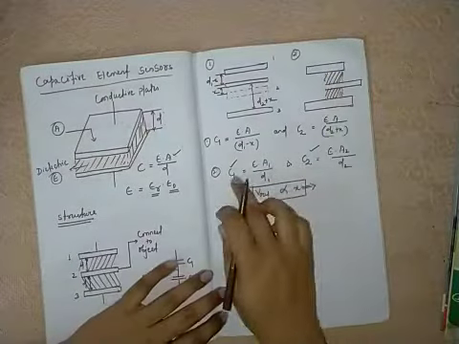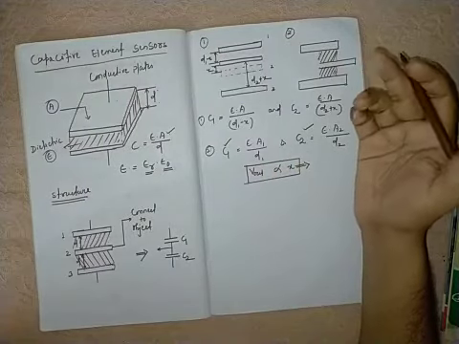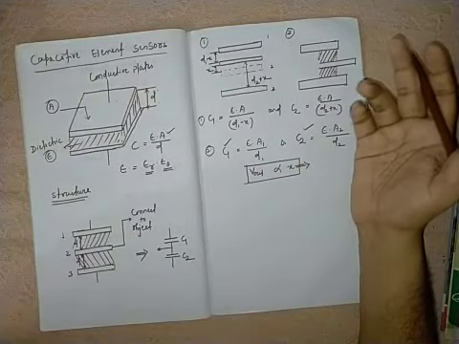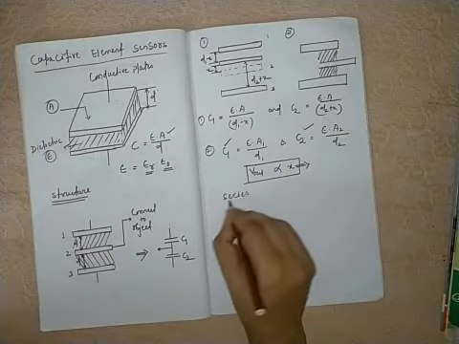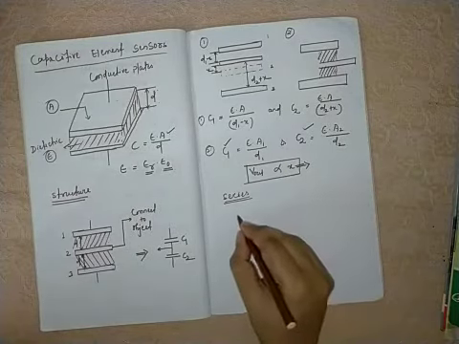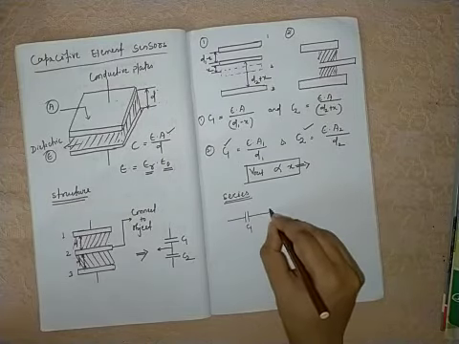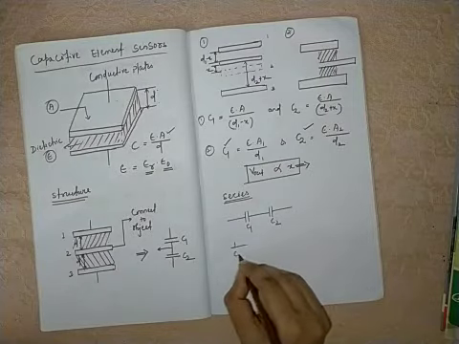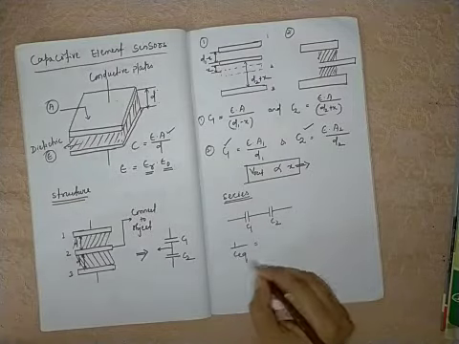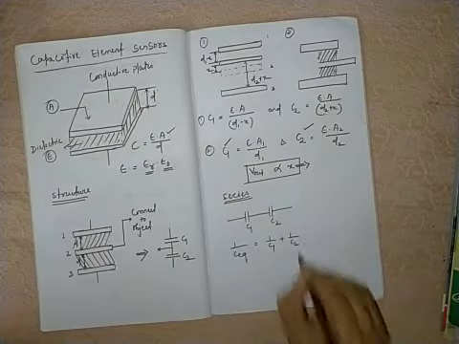So how to connect, you know very well. The connection can be in series or in parallel. For a series connection, this is one capacitor C1 and this is another capacitor C2, so the equivalent capacitance is 1 by C equivalent equals 1 by C1 plus 1 by C2.